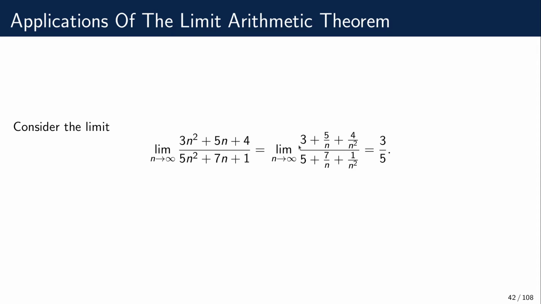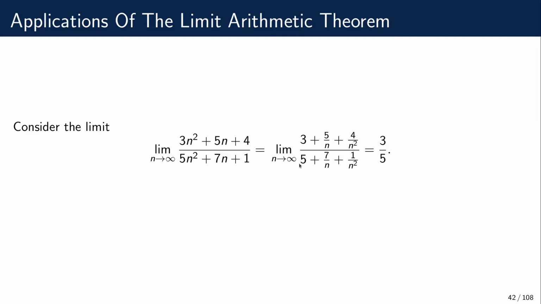Therefore, the limit of the sequence on top is the sum of 3 convergent sequences. This converges to 0, this converges to 0, and then by the limit arithmetic theorem, the limit of the sequence on top exists and equals 3.